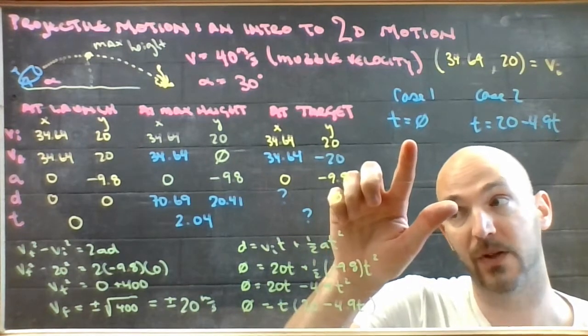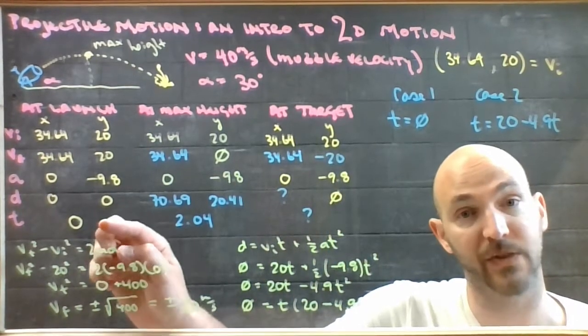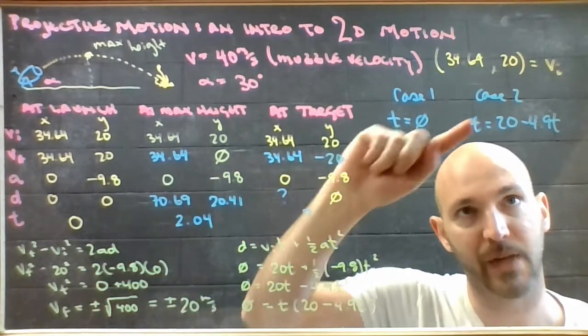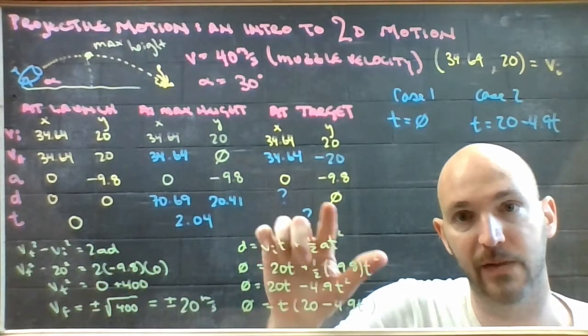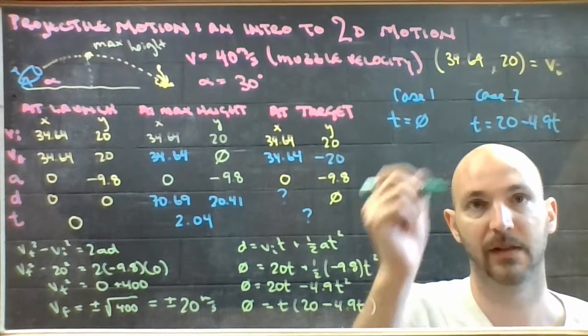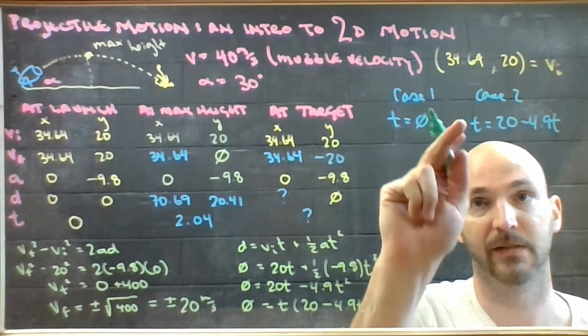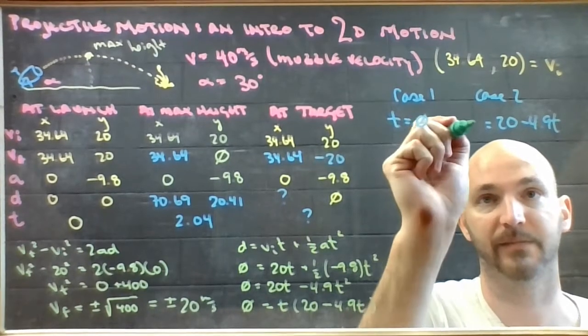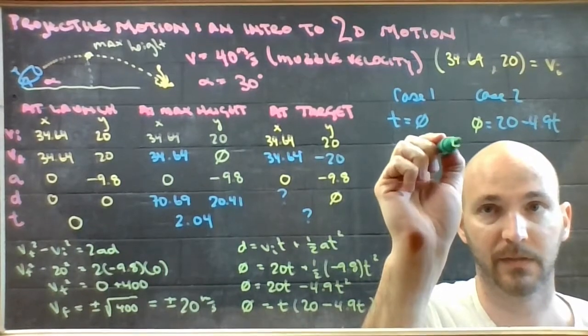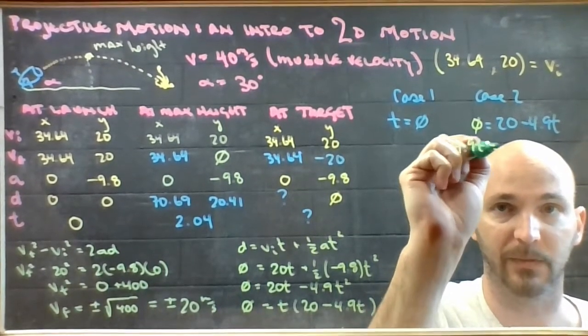Case 1 turns out to be your initial conditions. This is what you started with. Time is 0. So case 2 then is going to fill in for my target time. So I just have to work that out. Let's see, 0 equals that. Kick this over. 4.9t equals 20.